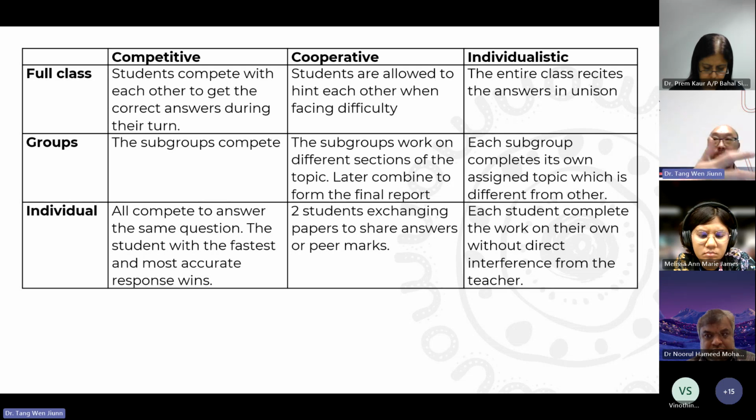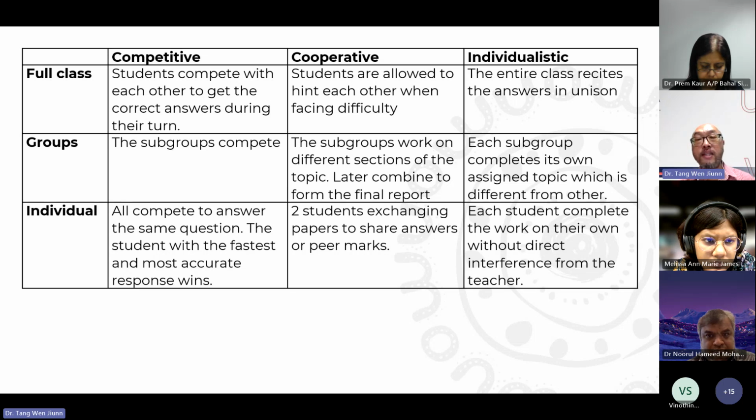Question one, who can give me the correct answer? Everyone raises their hands, and then we pick one. We point to one and say, what's your answer? They get it wrong, and then we choose another one. In that situation, they will be competing with each other to see who gets the correct answer. So that is full class for competitive.